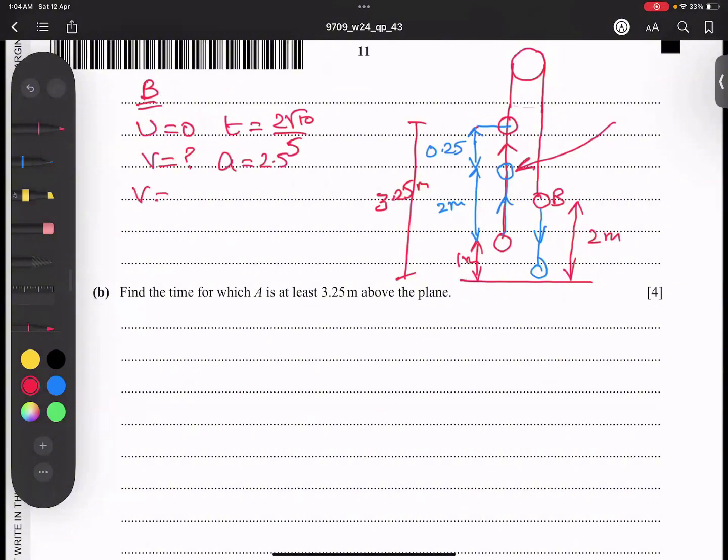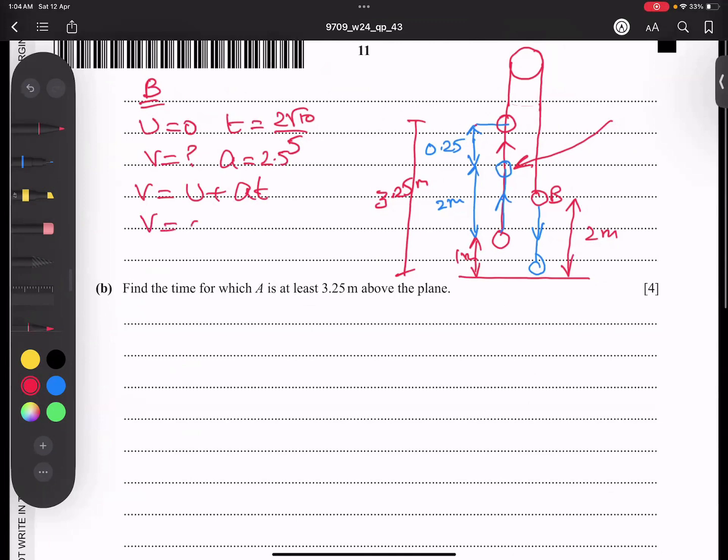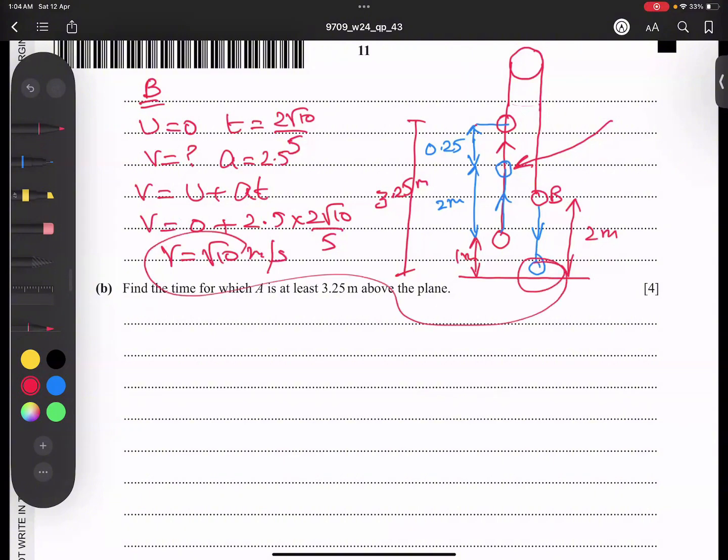So v is equal to u plus at. u is 0, acceleration is 2.5, and the time is 2 root 10 over 5. If I check it, multiplied by 2.5, I'm getting root 10 meters per second. It means just before hitting, look, I show you students, this speed just before hitting is root 10.